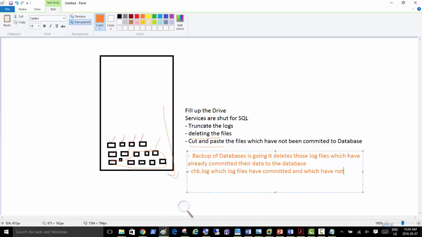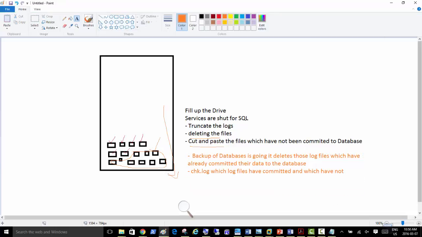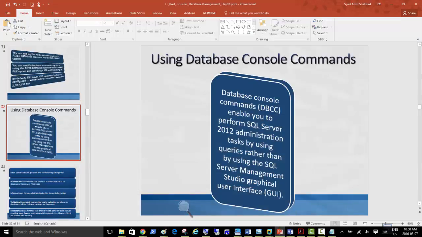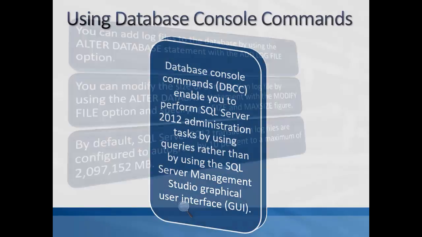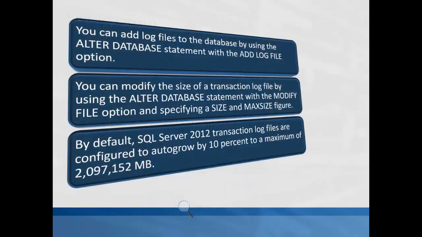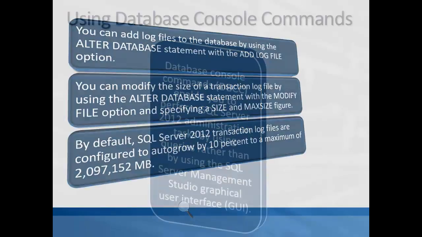So the checkpoint log file always has the information, right? Log files get created in huge amounts, and we need to get rid of them daily, right? Okay, you can add log files to the database, we talked about that.